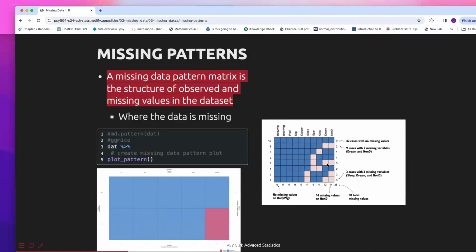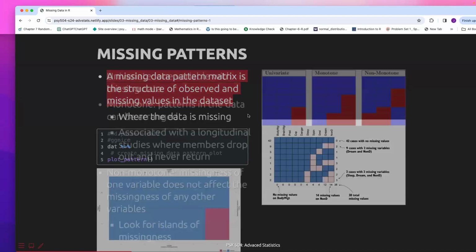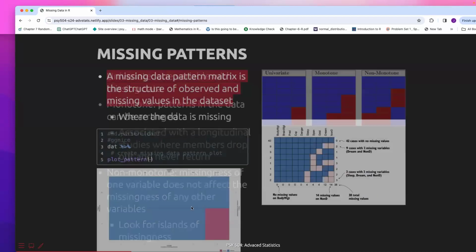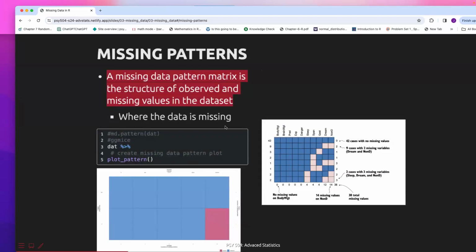And what I've done here too is also include a visualization description of how to read this pattern here. Again, this has more missing data patterns than our data set does, but it gives a good description of how to read this missing data pattern matrix. So we want to report this, and there are several different types of patterns that we can report. We can group our missing patterns into a univariate pattern, where we have one missing variable. So that's what we have here, a univariate missing pattern.